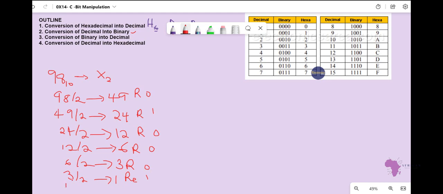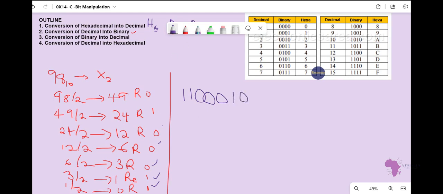Then 1 divided by 2 gives us 0 remainder 1. In reverse order, we will have 1, that is from this one, 1 from this one, and then 3 zeros from this and this, so 0, 0, 0, then 1, 0, then 1, 0.